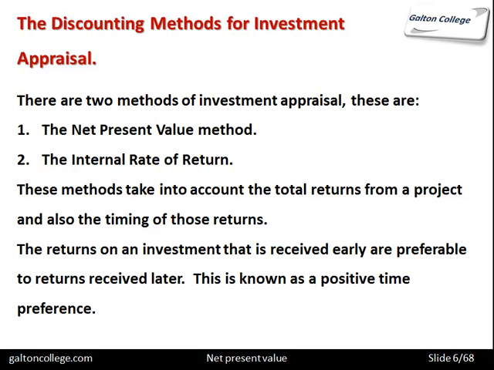The returns on an investment that are received early are preferable to the returns received later. This is known as a positive time preference. By and large, all of us tend to prefer something now than something in the future. We prefer to have it straight away if possible.